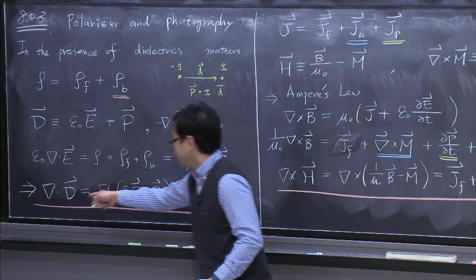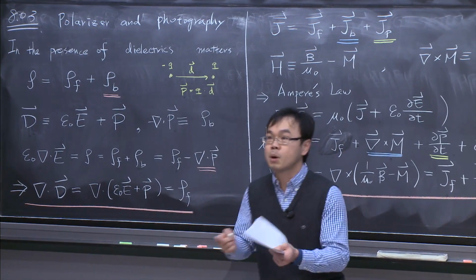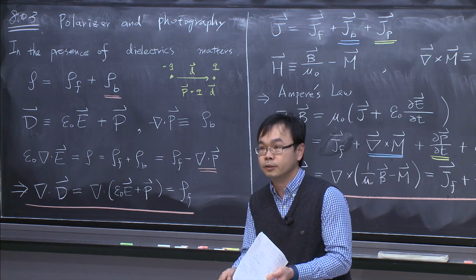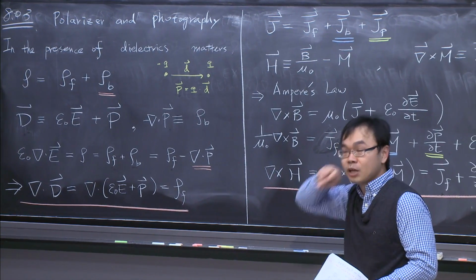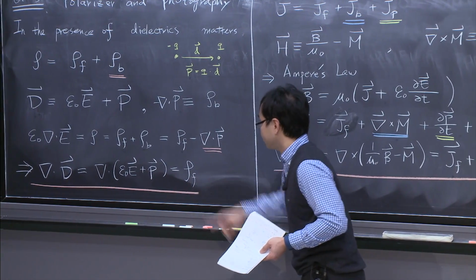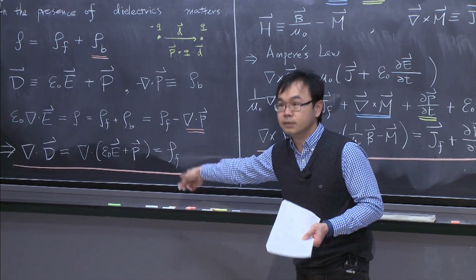So in short, the D field absorbed the effect of the bound charge into this field. When you try to understand the field induced by the free charge, it is the D field.